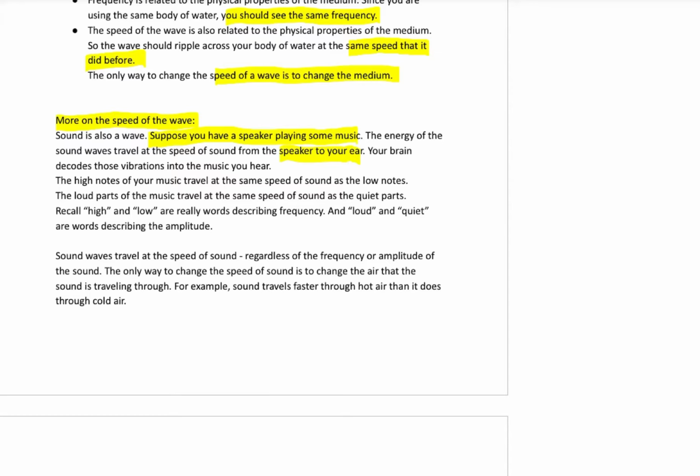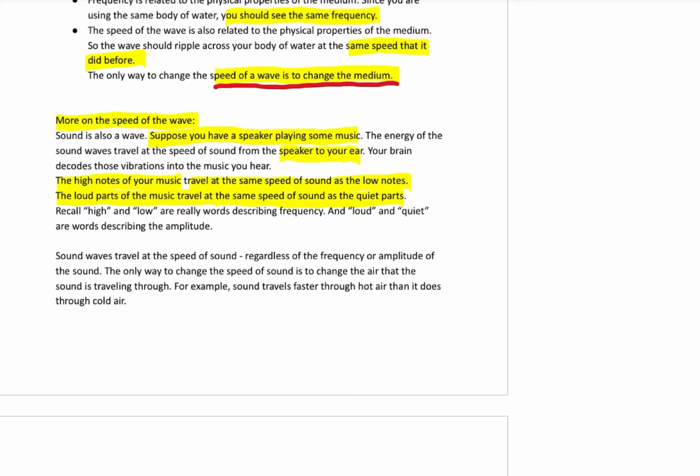Your ear, eventually your brain, decodes them, but the speed doesn't depend on frequency. So that means the high notes of the music travel at the same speed as the low notes. The loud parts of the music, the higher amplitude, travel at the same speed as the quiet parts. The only thing that affects the speed is the medium, not the actual properties of the wave.